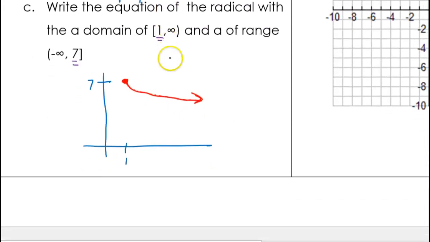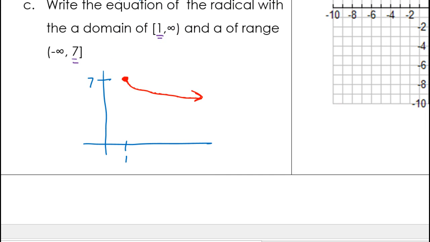So keep in mind how this will show up in an equation. Okay, so once again, here comes the equation. A reflection over the x-axis shows up as a negative sign in the front. As before, if we want it shifted to the right by 1, we need an x minus 1 under the radical.